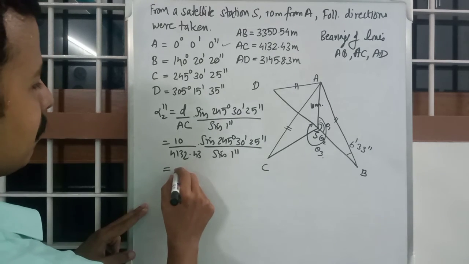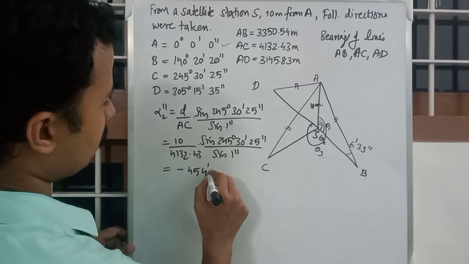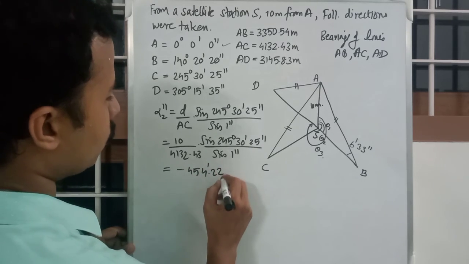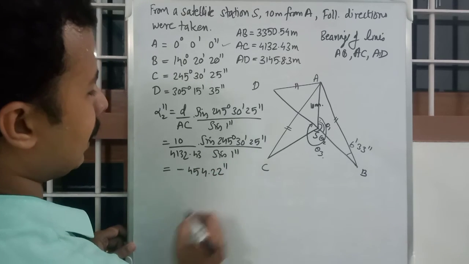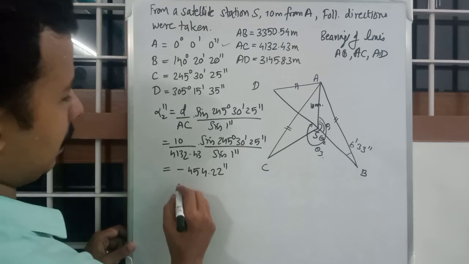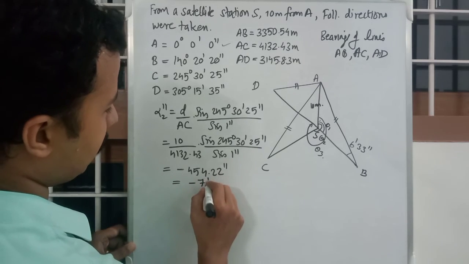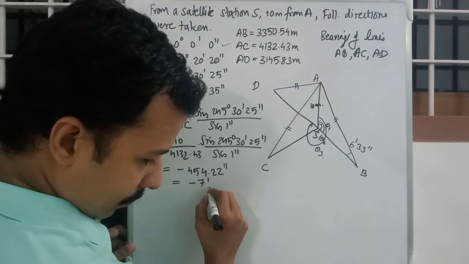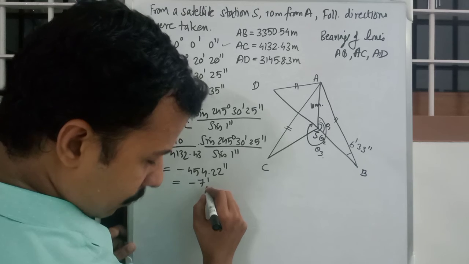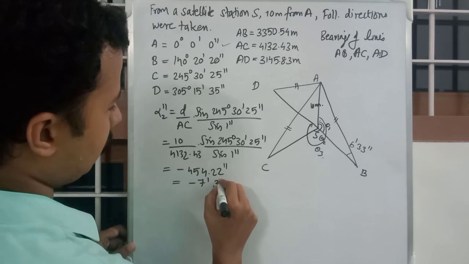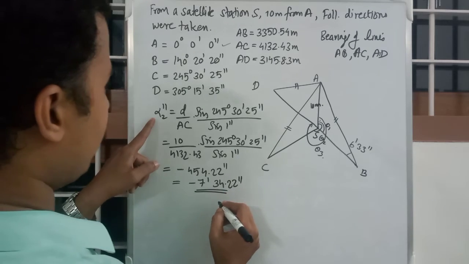You will get the answer as minus 454.22 seconds, and that will be equal to minus 7 minutes 34.22 seconds as alpha 2.